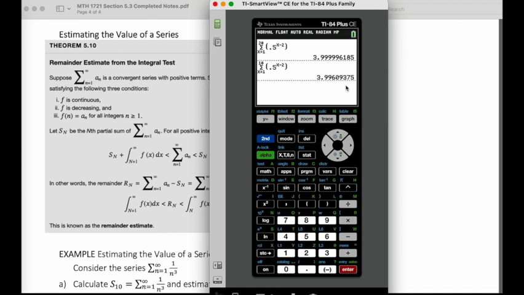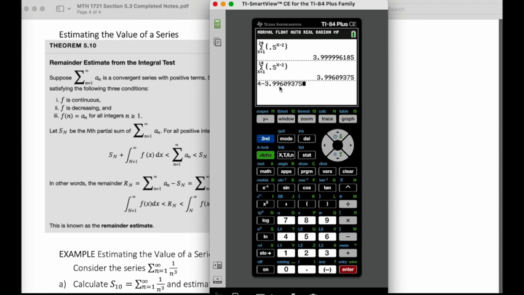Now, if I want to find out what the error is, it would be whatever's left over. So if I know the exact value is 4, but let's say I only use the partial sum of 10 as an estimate, I take 4 minus that value that we estimated. This 4 is the exact value for the series from n is 1 to infinity.